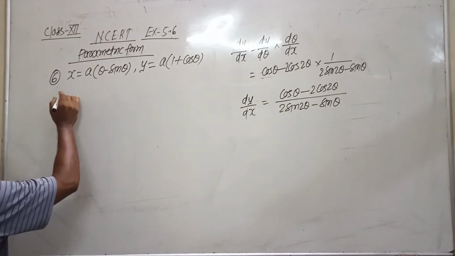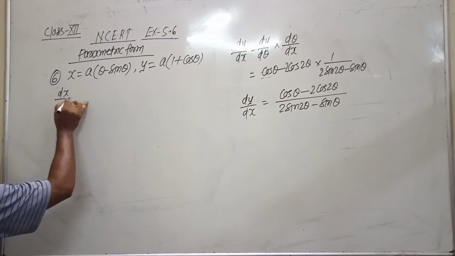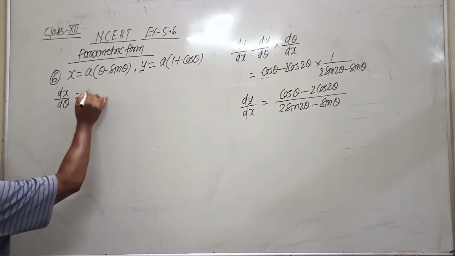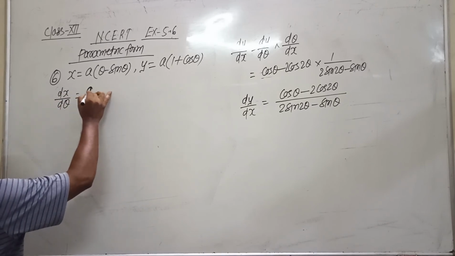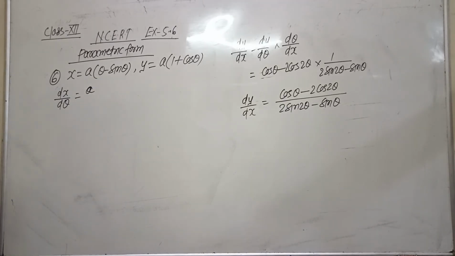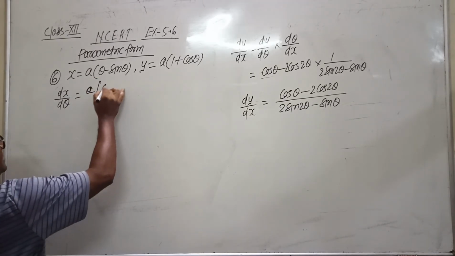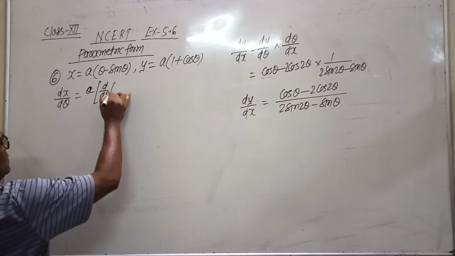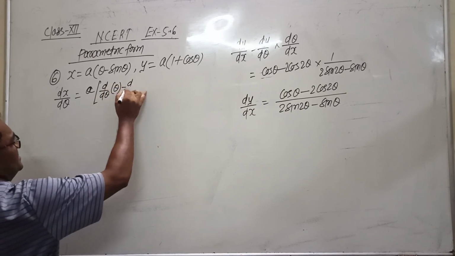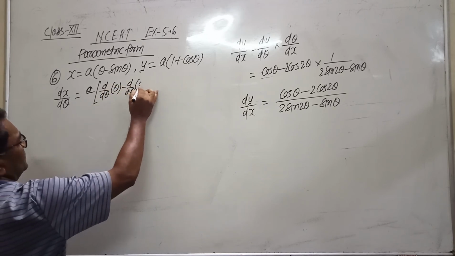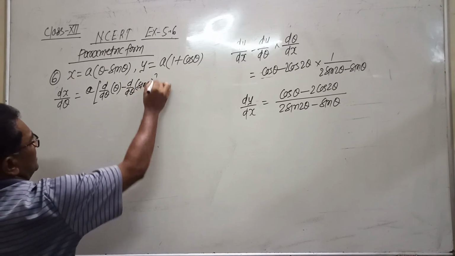So from here we will find dx by d theta. a is a constant, so it is taken outside, and d by d theta of theta minus d by d theta of sin theta.